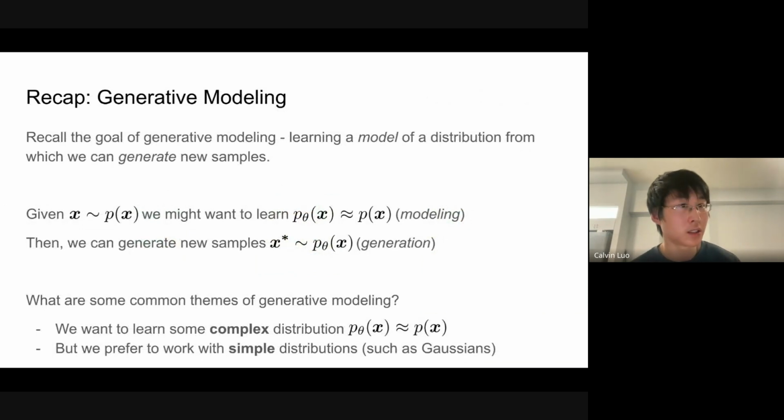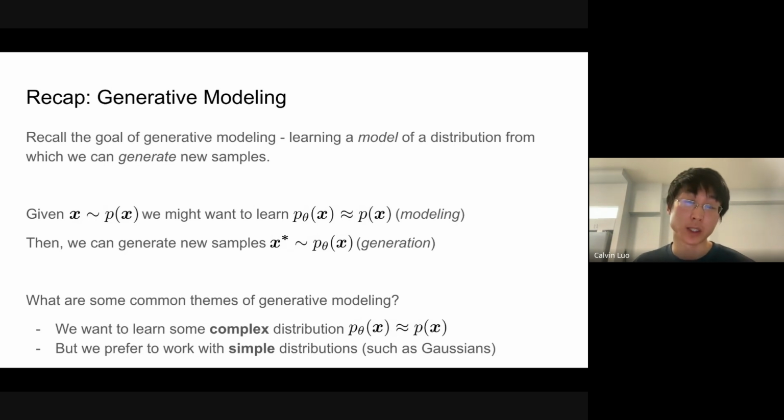So I want to take some time to quickly recap generative modeling. The way that I like to think of generative modeling is that we want to learn a model of a distribution from which we can generate new samples, hence generative modeling. If we write it out into explicit lines, the modeling portion is that we're given some samples from a true data distribution. Maybe it's very complex, and therefore we want to model that true distribution with an approximate one that's parameterized by learnable parameters theta.